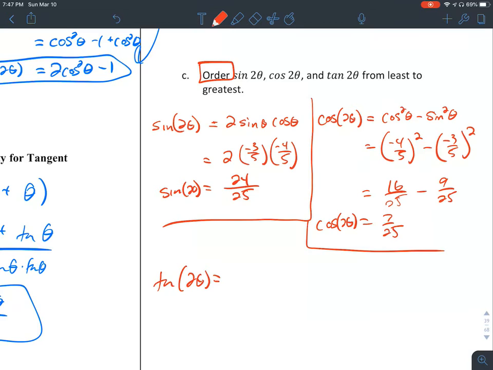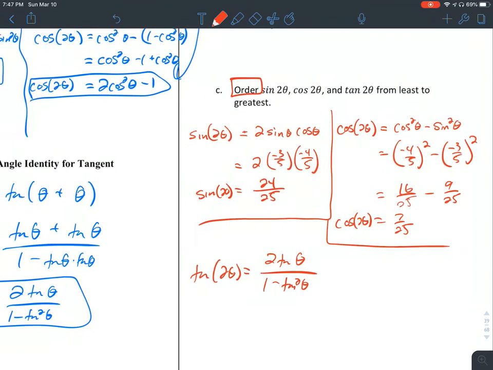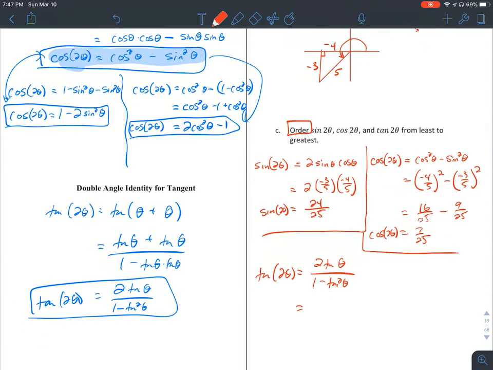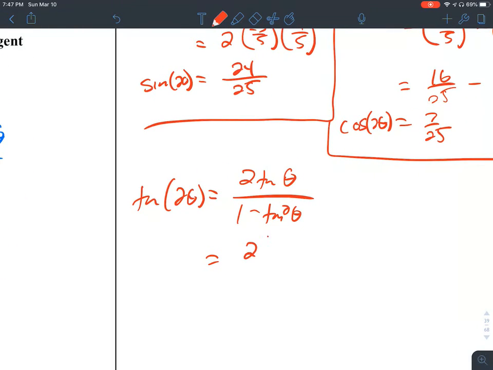Tangent of 2 theta is equal to 2 times tangent of theta divided by 1 minus tangent squared of theta. Tangent of theta is y over x, that's negative 3 over negative 4, which reduces to 3/4.